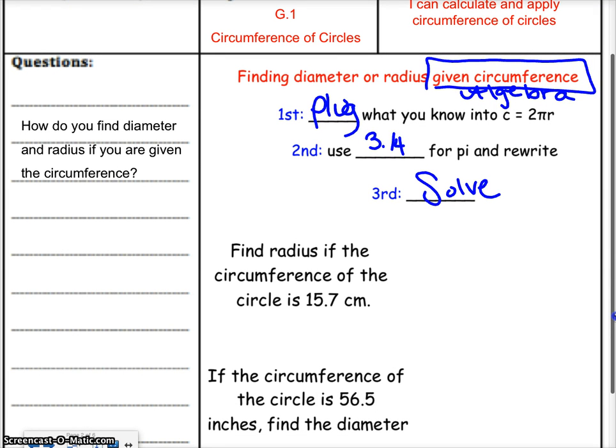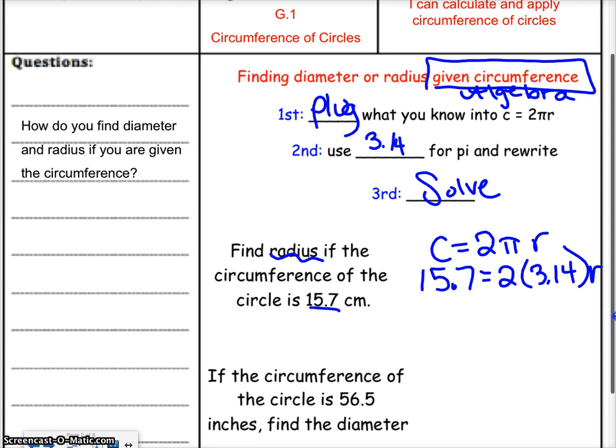So let's find the radius if the circumference is equal to 15.7. Since I'm looking for radius, I use this formula, because I want r. I know my circumference, and I know what pi is, and I'm looking for r.